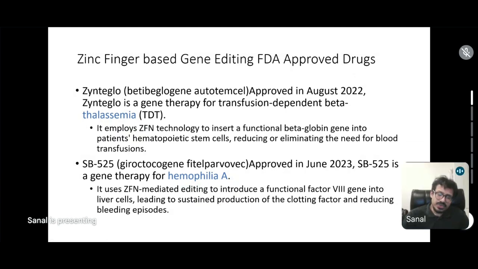So zinc fingers, as I told you, you perhaps know about zinc fingers. Zinc fingers are transcription factors. Transcription factors have a unique ability to bind to specific parts of the DNA. This very property is used for engineering zinc finger based gene editors.